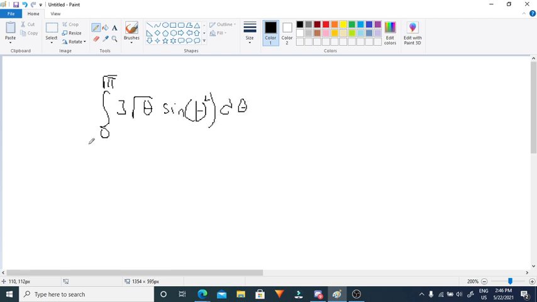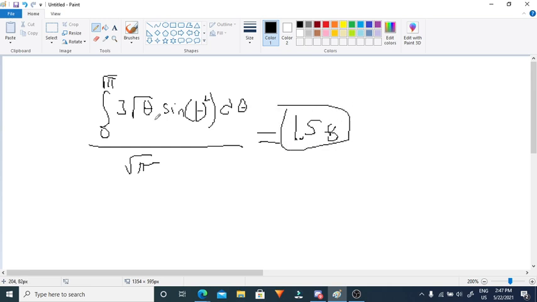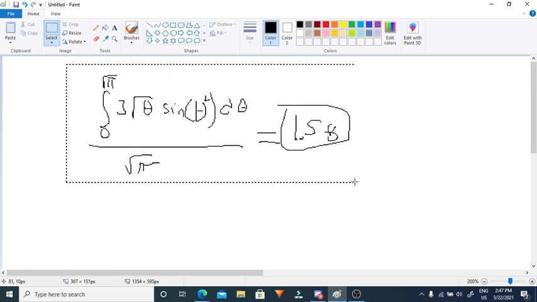And we take this integral and we divide it all by root pi. This is going to give us our average r value, which is the average distance from the origin, which comes out to be 1.58. Once again, we use the graphing calculator for this. And there you go, that's our final answer.